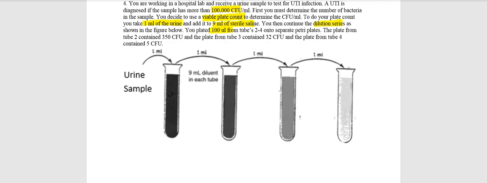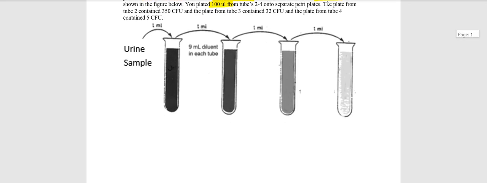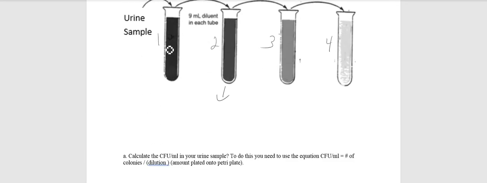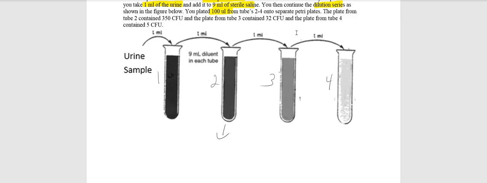So let's draw those on here so that we can have a better understanding of what it is that we're really looking at. So this would be tube 1, 2, 3, and 4. As we read through the problem, it tells us when we plated from tube 2, we ended up with 350 colonies on the plate.